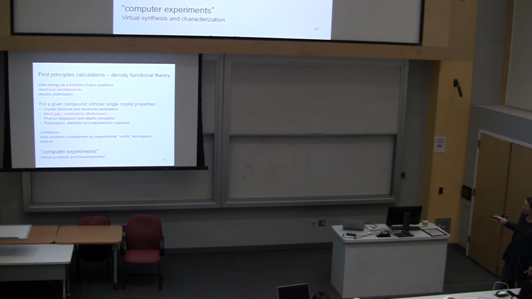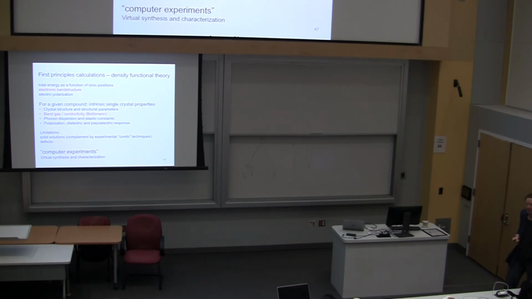And I'm coming back here with my point about the computer experiments. I really see first principles calculations as a kind of computer experiment where we're generating data about the electrons and the atoms at the atomic scale that can be treated and used as information about the system, used as the basis for making phenomenological models.